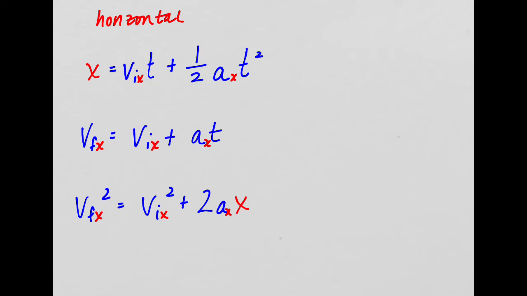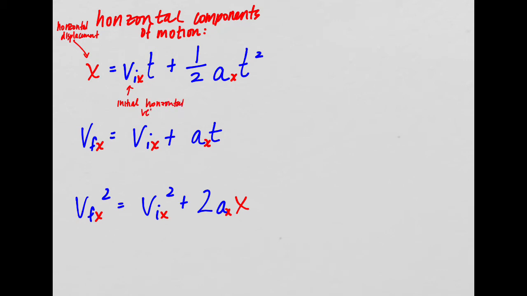Okay, so let's go through and say what each one of these are. We have already seen this. This is horizontal displacement. This is initial horizontal velocity. T is time.